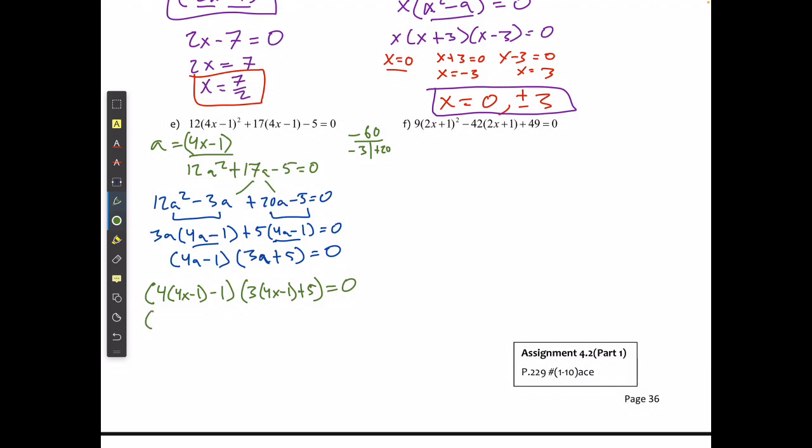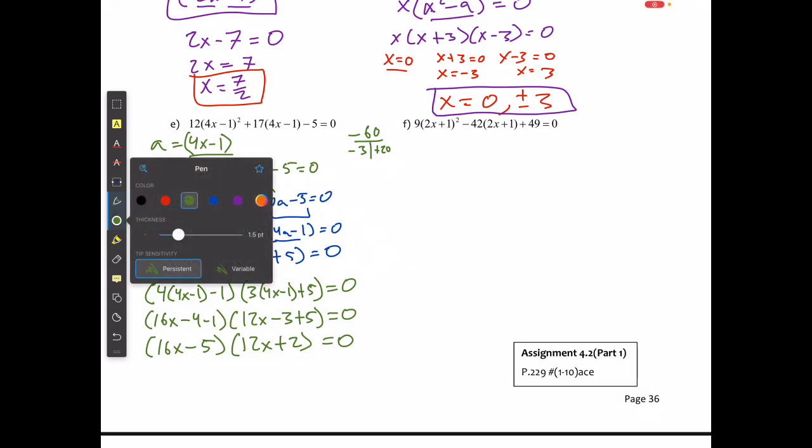This is going to give me 16x minus 4 minus 1 and 12x minus 3 plus 5 are equal to 0, or 16x minus 5 and 12x plus 2 are equal to 0. At this point, I could split it up and solve it.